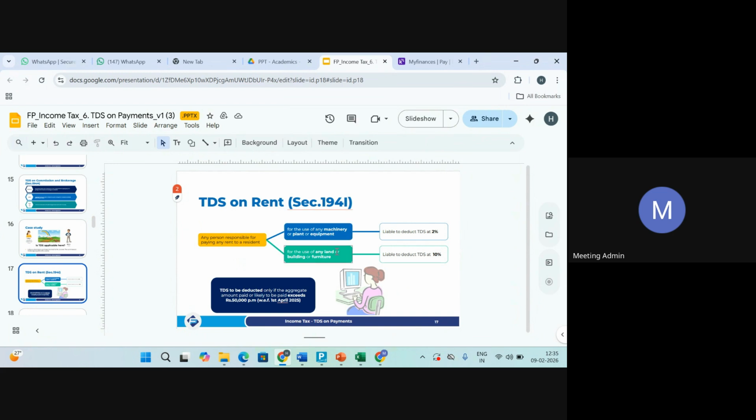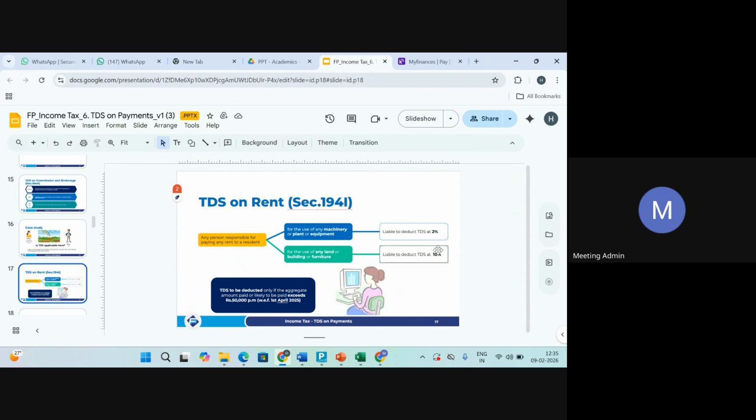When they are staying in a rental house, building or furniture, and it is worth more than 50,000, they have to pay 10%. TDS will be deducted only if the aggregate amount paid or likely to be paid exceeds 50,000 per month. That is applicable from 1st April 2025.